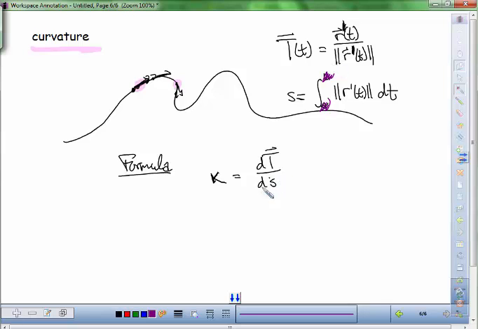So from this formula, by the way, is it absolute value? Yes. Whether you're curving to the left or to the right, well, if you're in 2 dimensions, following this path, when you curve to the left and curve to the right, you can assign a positive or negative to that.